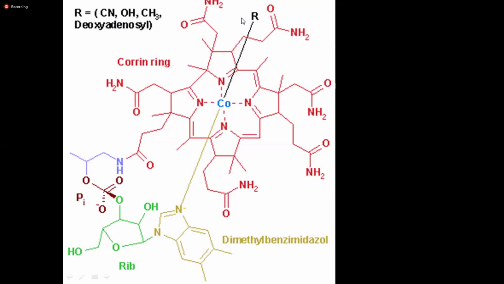The R group could be cyanide, hydroxyl, a methyl group, or a deoxyadenosine group. These groups can be bound to the cobalt in the 5th valency, and in the 6th valency there is normally dimethylbenzimidazole. Benzimidazole is the ring structure that is attached to the 6th valency of this vitamin B12 molecule.